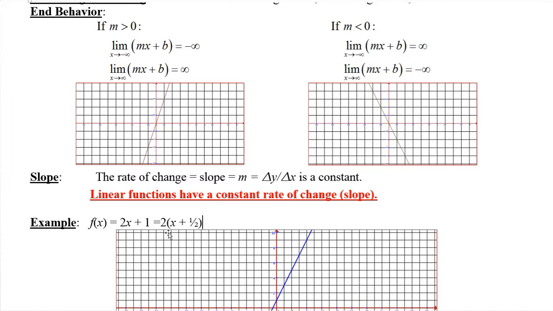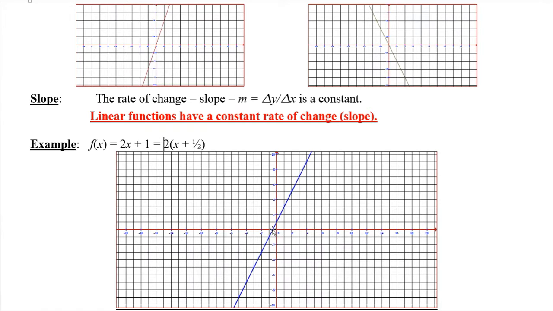That's in the factored form, or y equals 2 times x minus negative 1/2. So we see that (negative 1/2, 0) is the x-intercept right there.